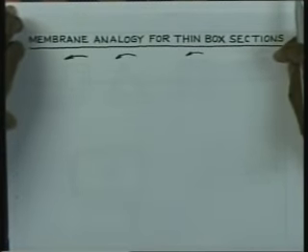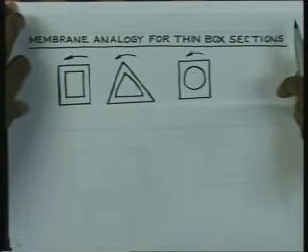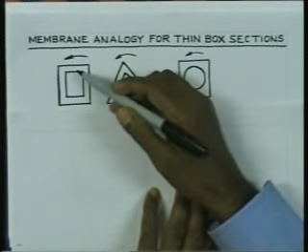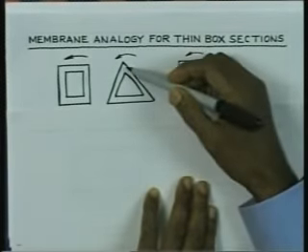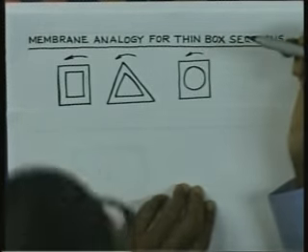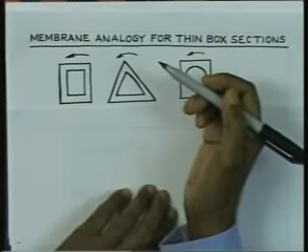What I am concerned really is the following sections. You have a section of this type, or you have a section of the triangular shape, or you could have a section of this type. They are all subjected to angle of twist.